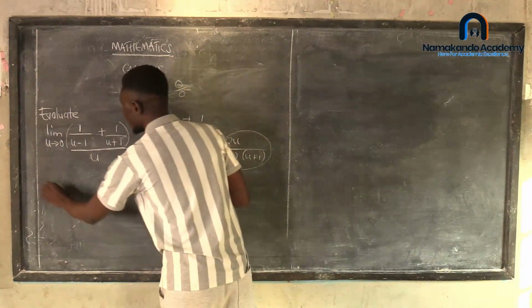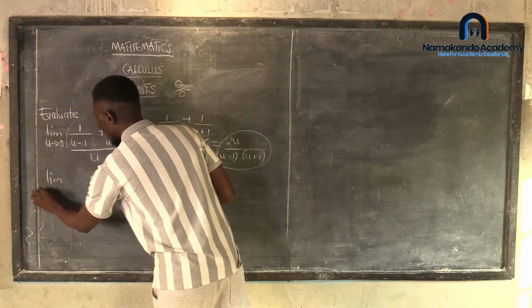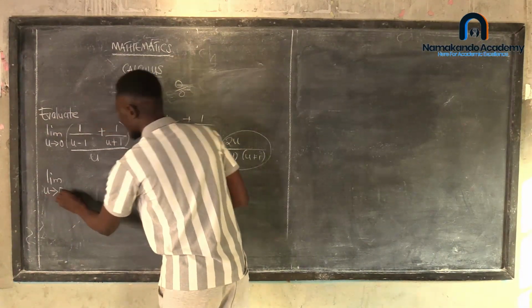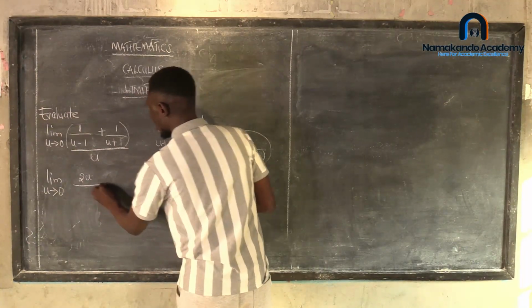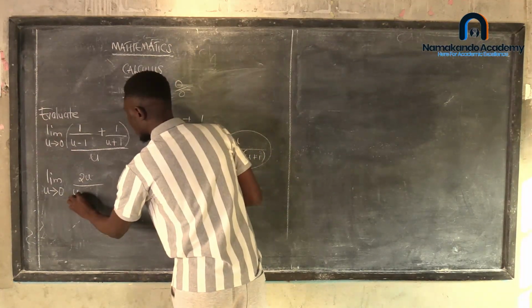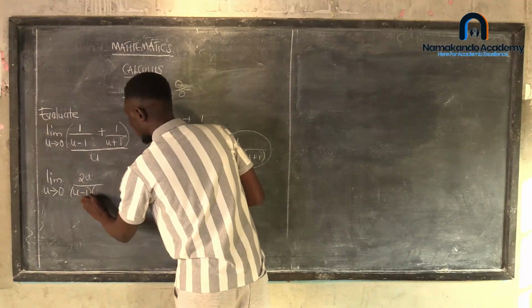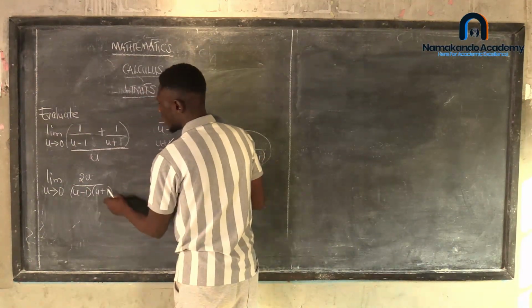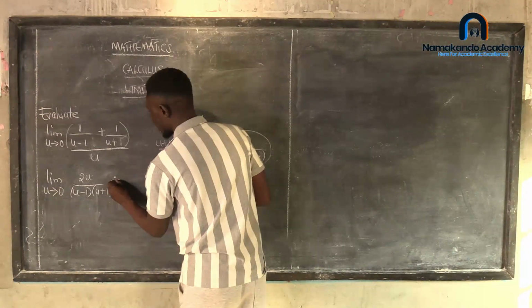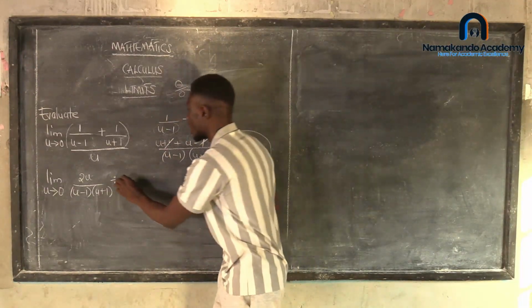So we're going to write the limit as u approaches 0 of 2u over the product of u minus 1 and u plus 1. Instead of saying over, we can simply use this symbol for division and write our u.